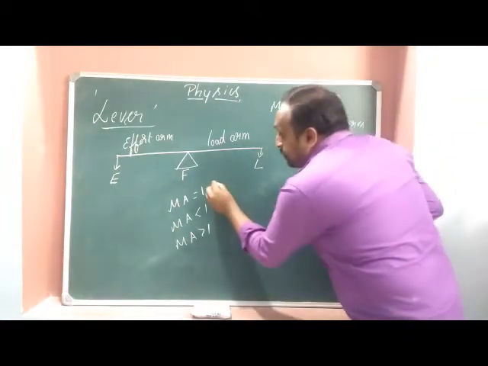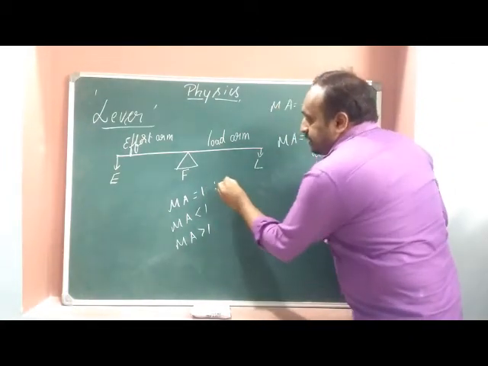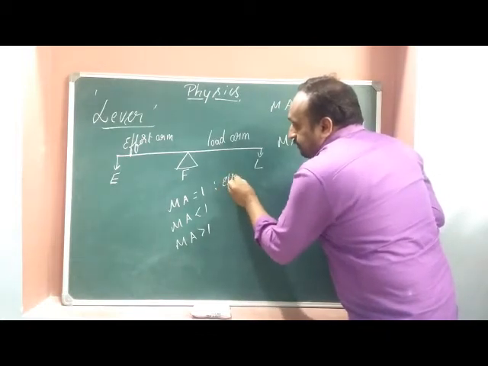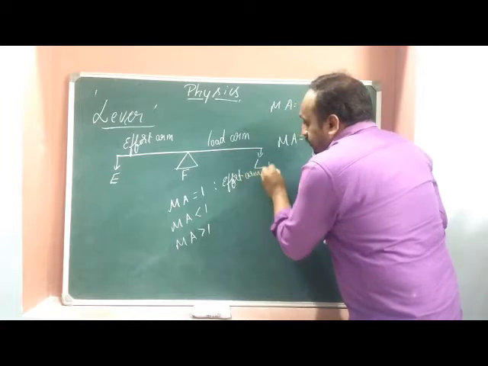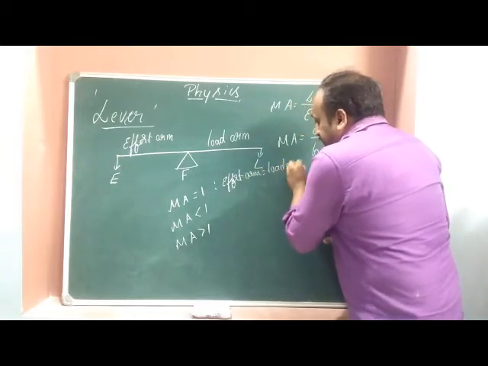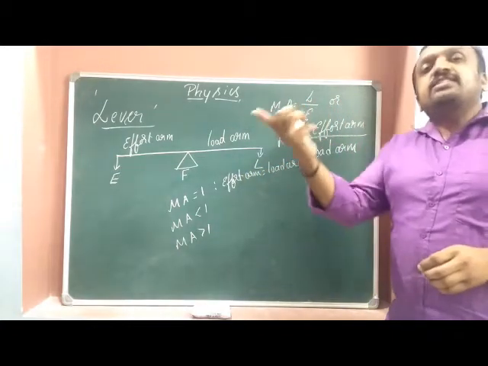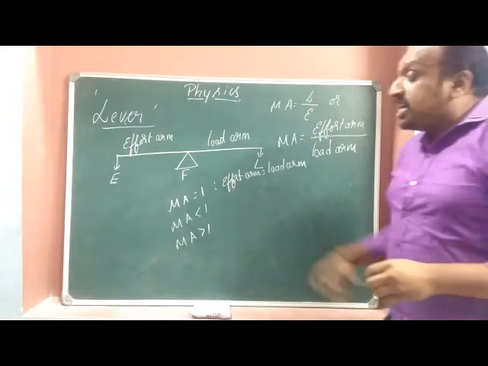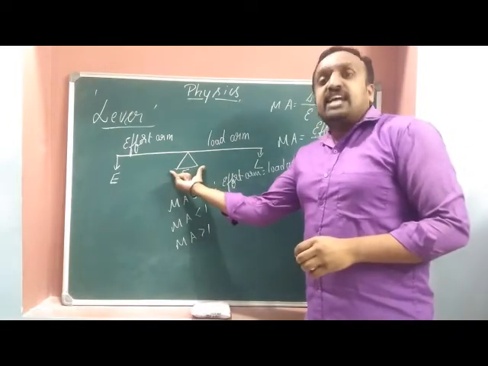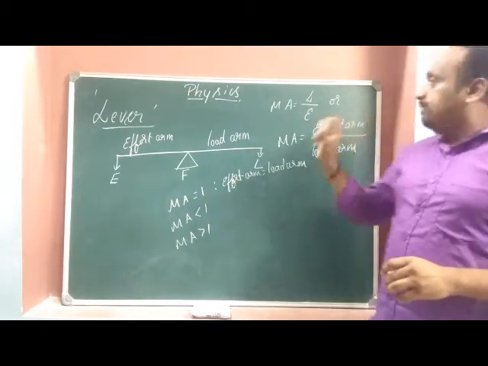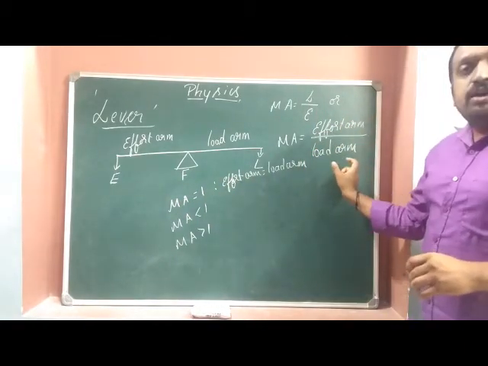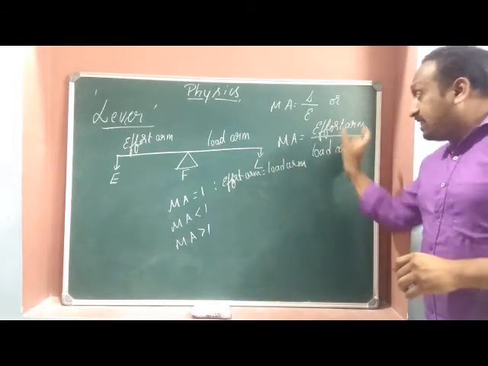When is it possible? If the effort arm is equal to the load arm. If both are the same in length, meaning the fulcrum is exactly at the center, then mechanical advantage is equal to 1, because effort arm and load arm are the same length.